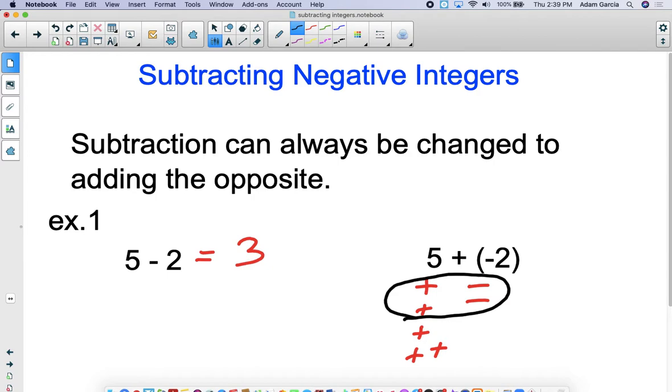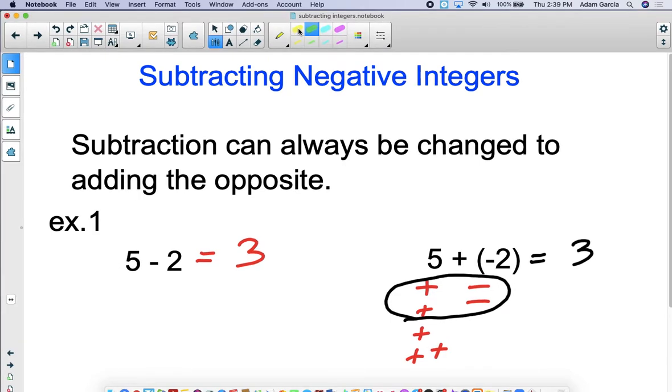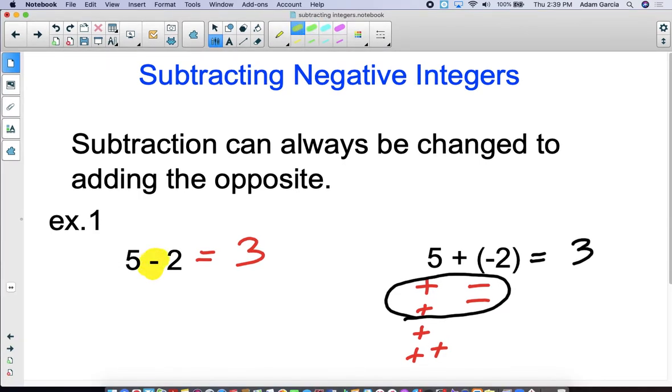You're left with 3 positive. Which means, if you're not sure about a problem, you can always change subtracting to adding the opposite. They mean the same thing.